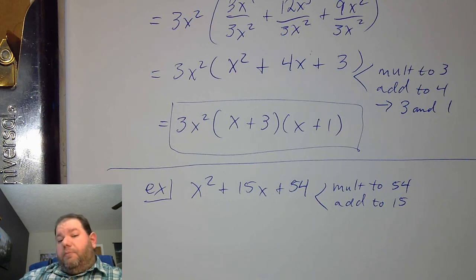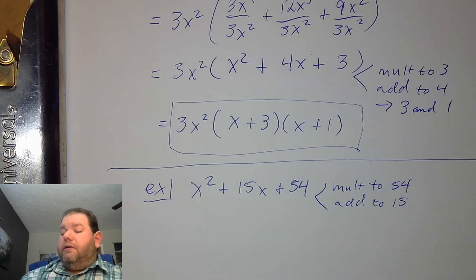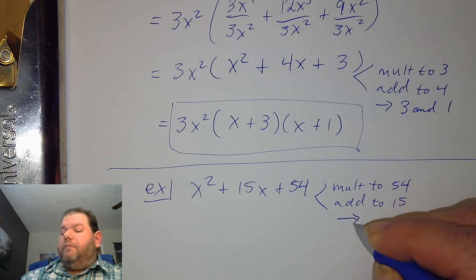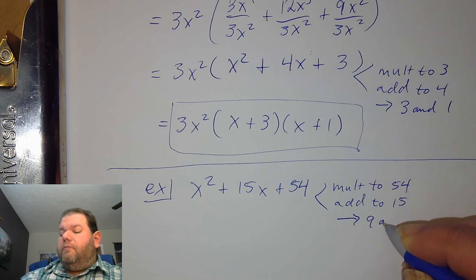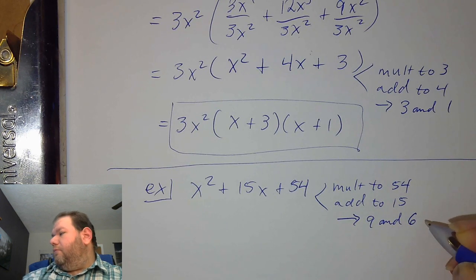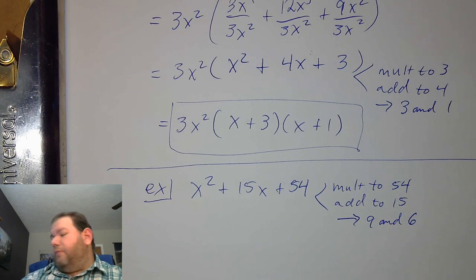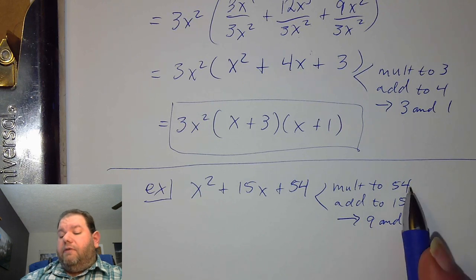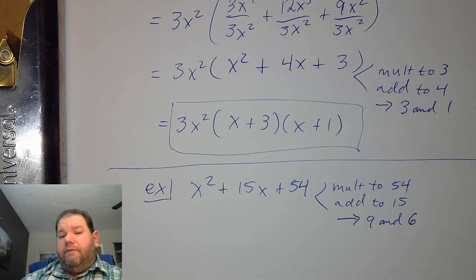I'll give you a hint. Both of the numbers are smaller than 10. 9 and 6. Good. I figured that's what you mentioned. Okay, yeah, 9 times 6 is 54, and 9 plus 6 gives us 15.